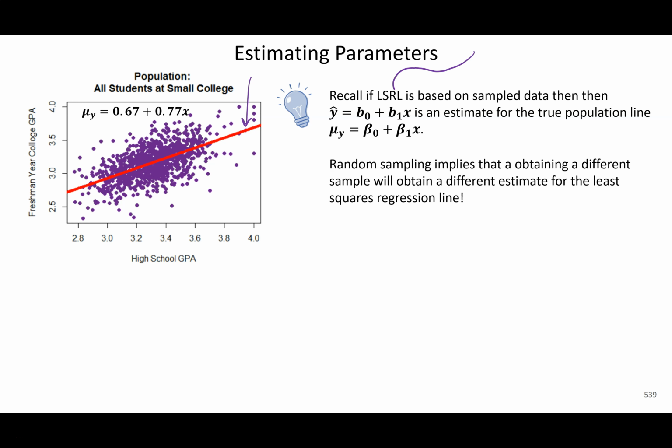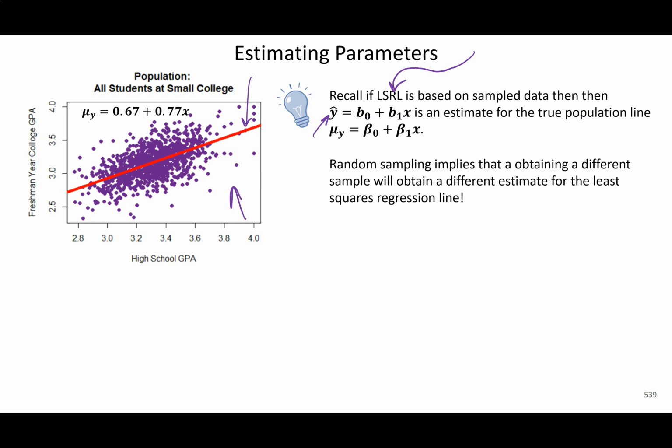Suppose instead of having the entire population at hand, I only have a sample from all of those students. So we took a random sample of 10 students from this small college, took their high school GPA and their first year college GPA, and calculated an estimated least squares regression line.